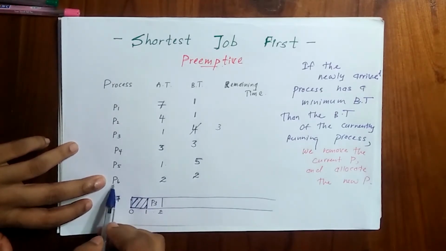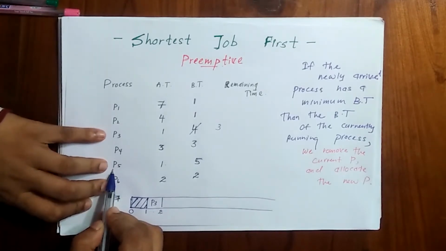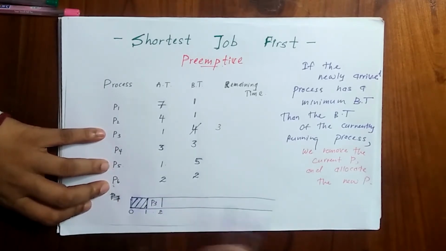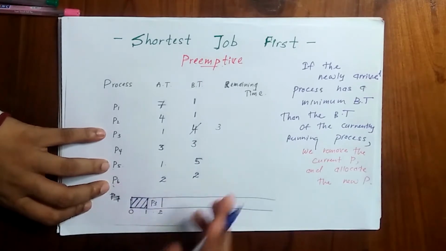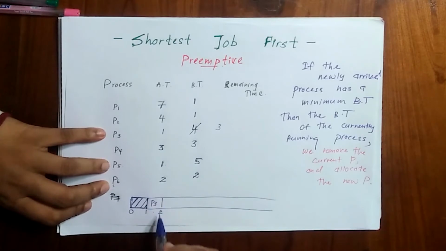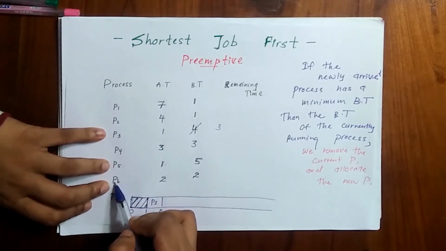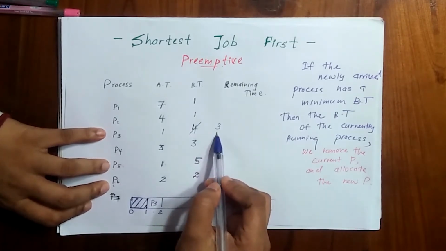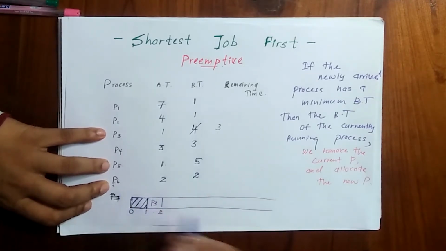So now we have P3, P5 and P6, because P3 has 3 more, P5 arrived at 1, and now P6 has arrived. From these 3, who has the minimum burst time? 3, 5 and 2. Yes, it is P6.